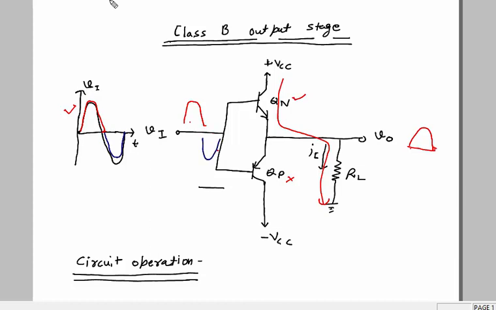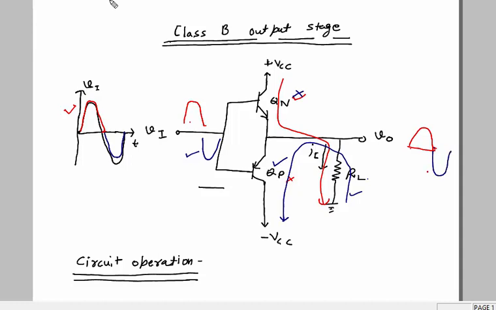This time QP will be on and QN will be off. Now the current will flow in this way. This time the current direction is opposite, so the output also will be opposite. The input is already negative here, and V0 is also negative, so we can say that V0 is following Vi.